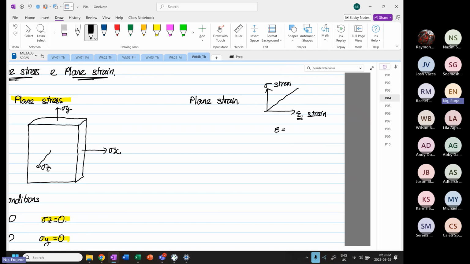Strain is usually calculated as the change in length divided by original length under axial loading. Okay, where stress is equal to force divided by cross-sectional area. Okay, so again, we have the same element.